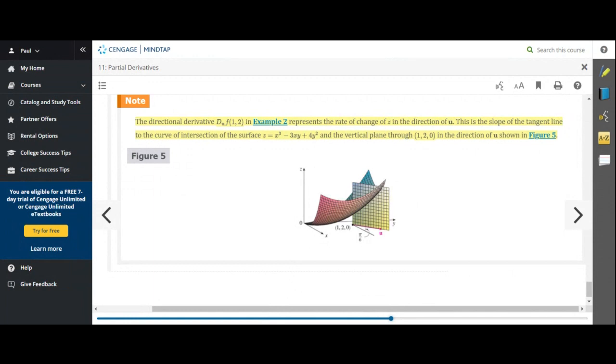This is the slope of the tangent line to the curve of the intersection of that surface in the vertical plane through (1, 2, 0) in the direction of u. So you see in figure 5, they have a surface, and they have the point (1, 2, 0) in the xy plane.